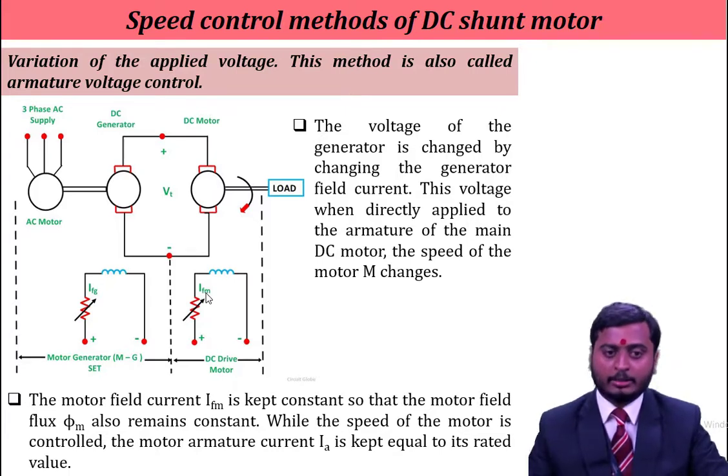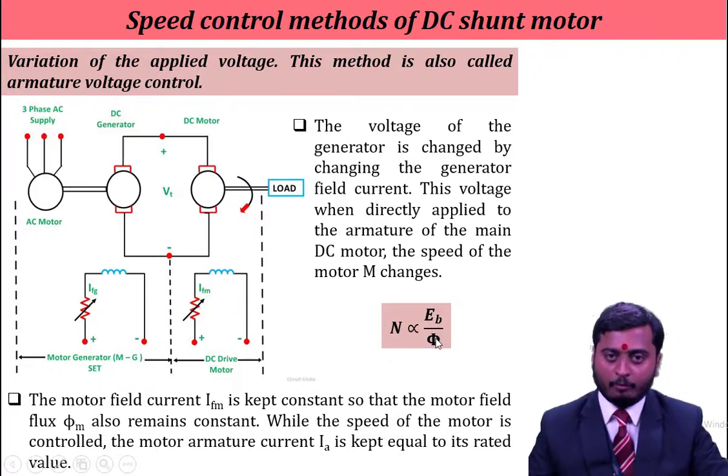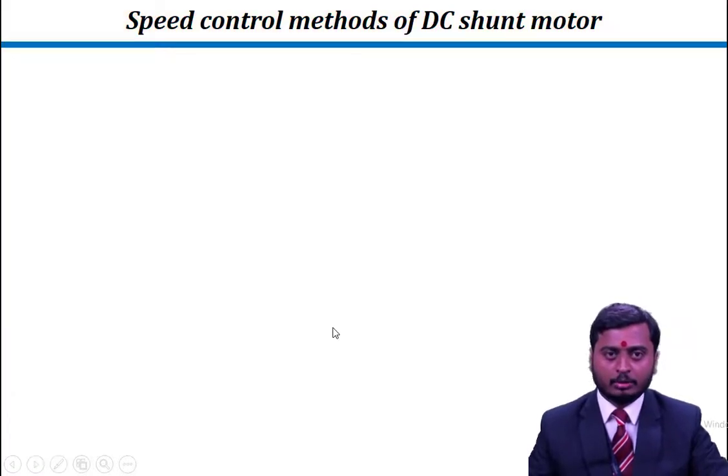While the speed of this motor is controlled, the motor armature current IA is also kept equal to its rated value. Now here N is directly proportional to EB upon phi. So if we have control over the voltage, then we have control over speed also.